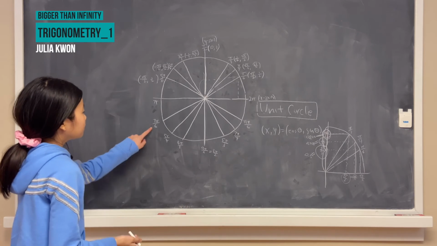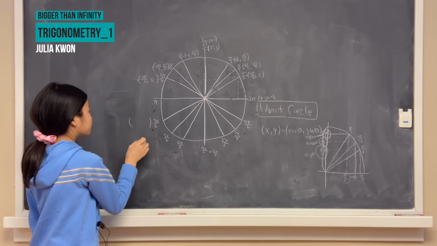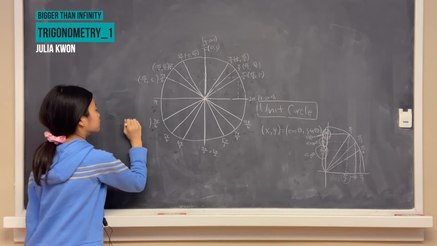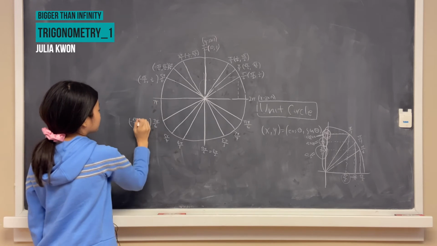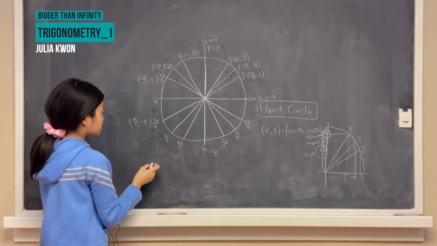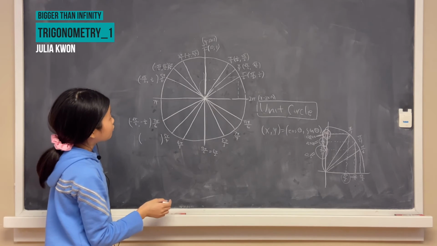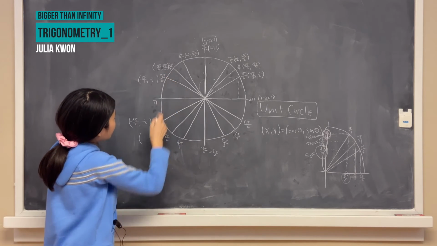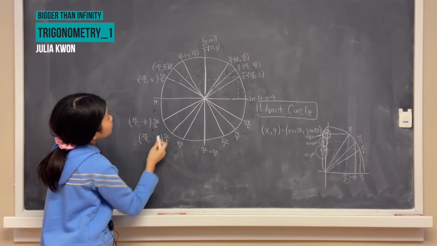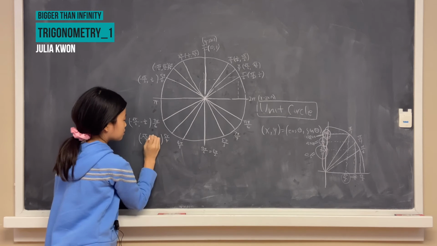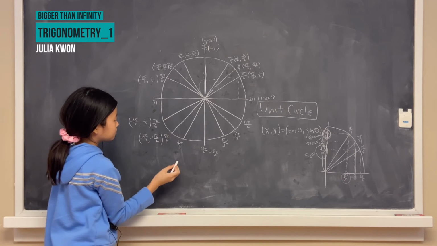So for the radian 7 pi over 6, we would now have negative square root of 3 over 2, which stays the same, and negative 1/2 instead of positive 1/2. And for 5 pi over 4, we would have negative square root of 2 over 2, comma, negative square root of 2 over 2 as well for the sine theta.